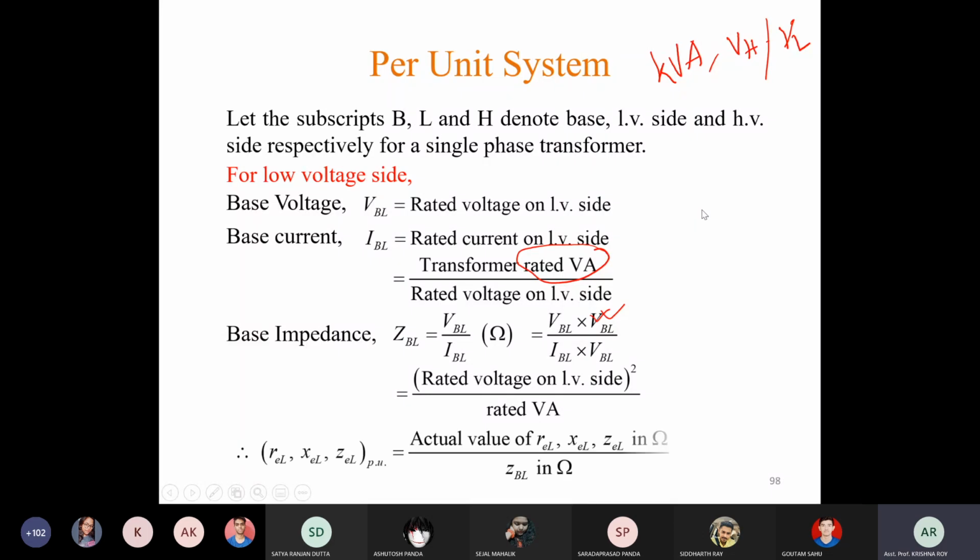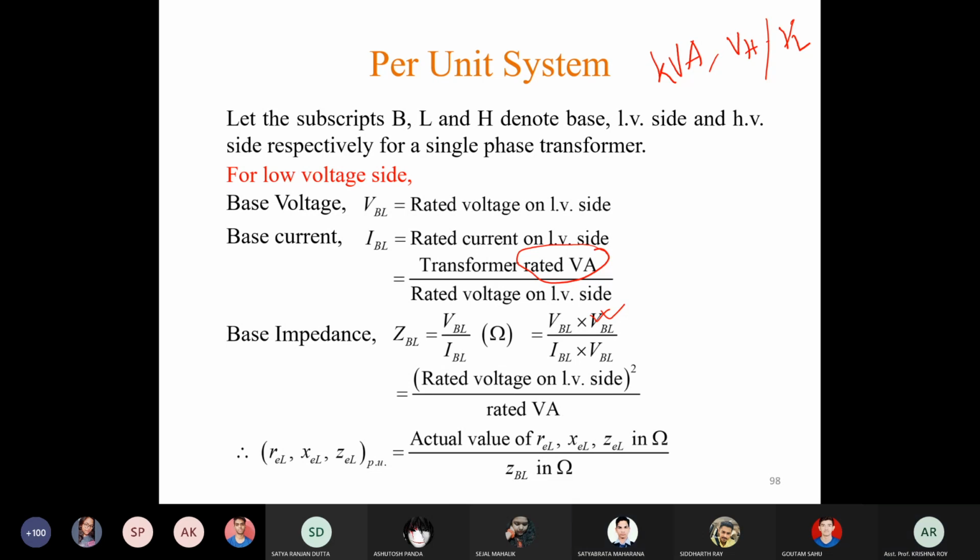Then we can write the similar expression, that is REL, XEL, ZEL in per unit is equal to the actual values of those quantities divided by ZBL. Sir, in the last case, while we are calculating REL, it is not up to SN. It's ohm by ohm cancellation. What are you saying? Please repeat.